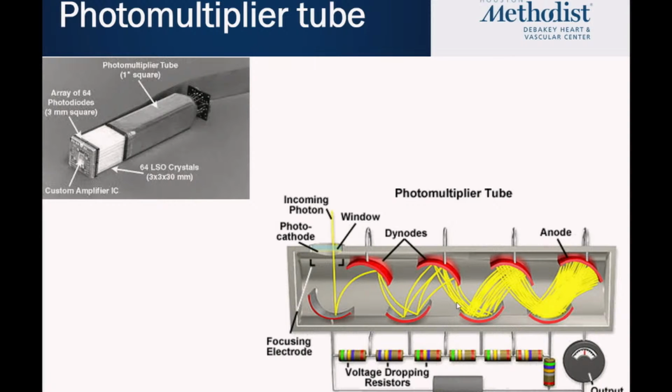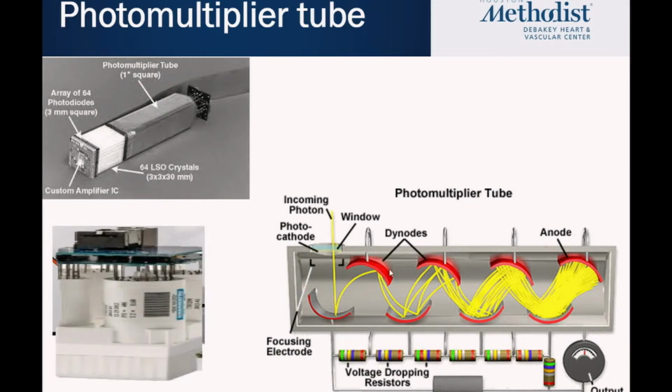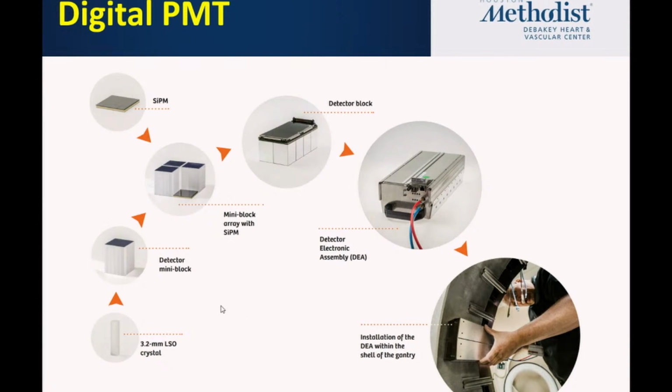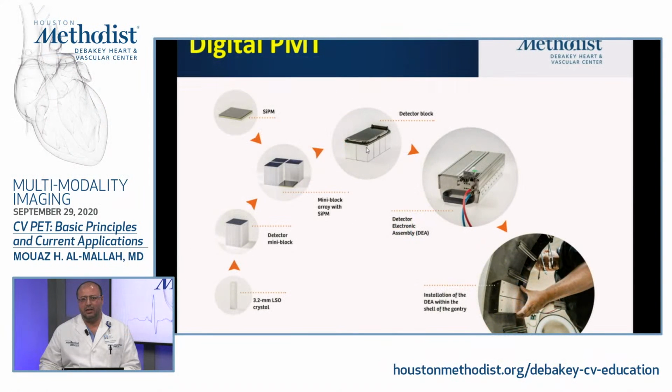Now this is usually done by photomultiplier tubes, but now we have electronics where even the photomultiplier tube has moved on to the SiPM. It's becoming electronic, and that's the main basis of the digital PET-CT, where you have the crystals, you put multiple clusters together, so you get one block, then you get multiple blocks together.